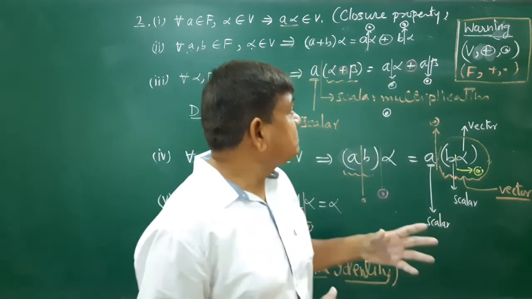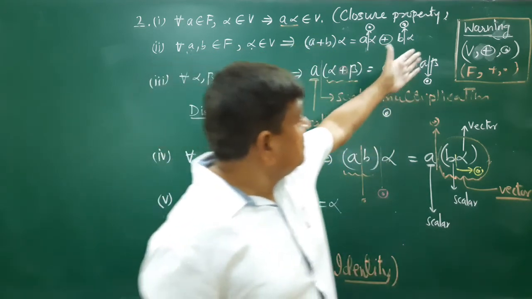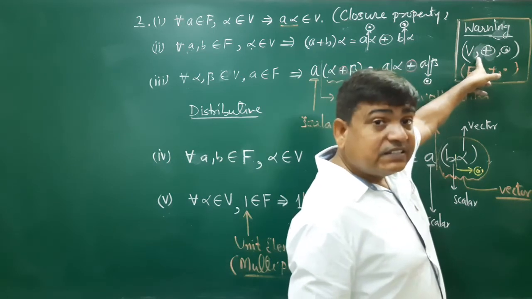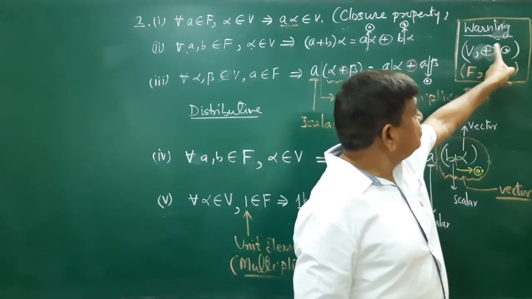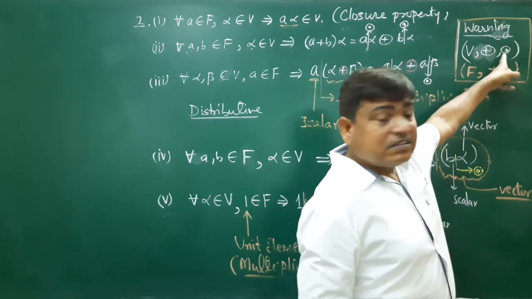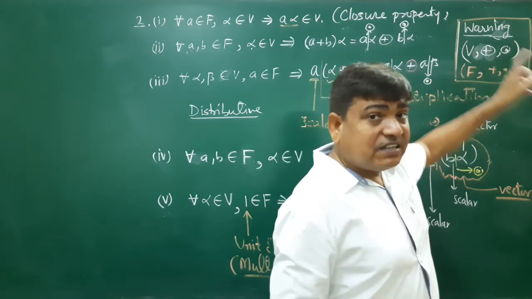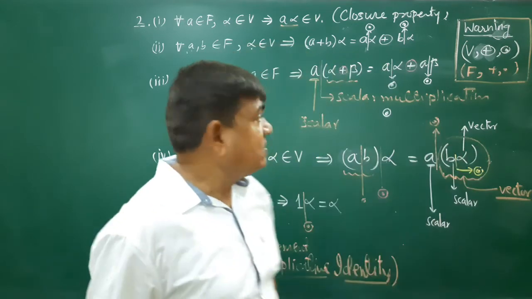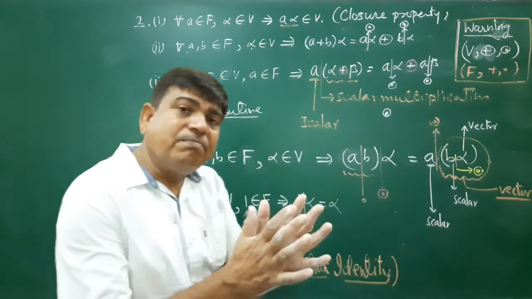Okay, so V with two compositions, internal and external. V is a non-empty set, F is also a non-empty set. Now we compile this.